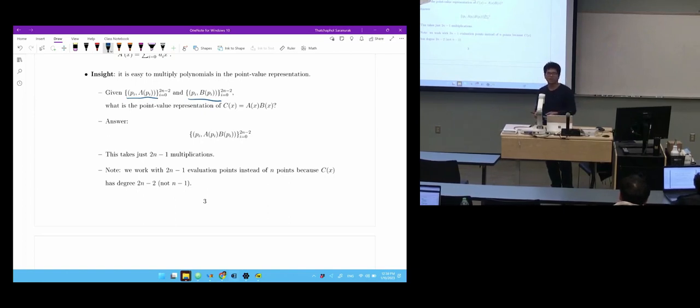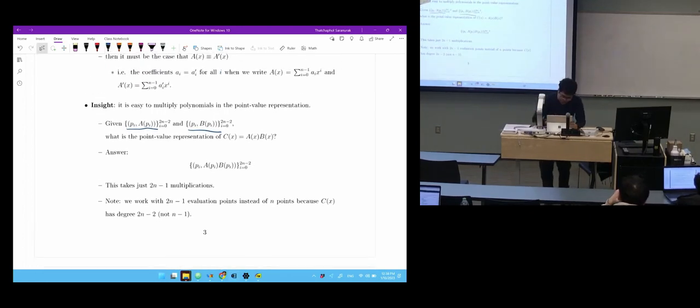Why is that? Well, suppose you have the evaluation points at p_i of A and B. What is the evaluation of C at p_i? It's just A(p_i) times B(p_i). Very good.